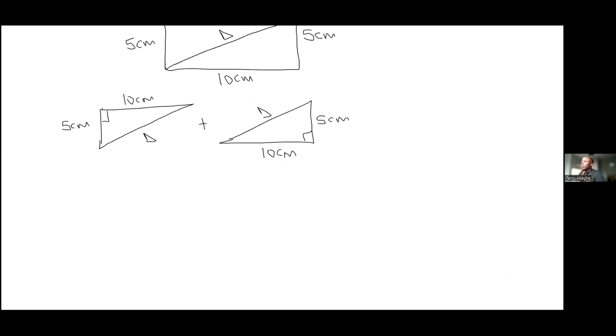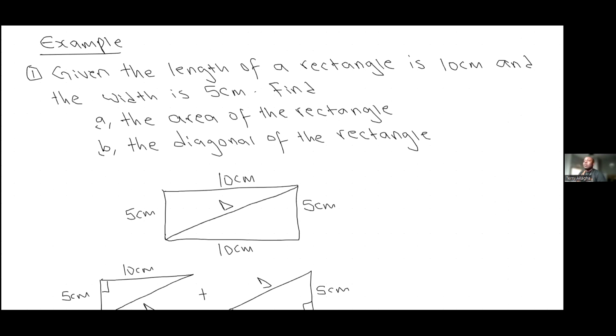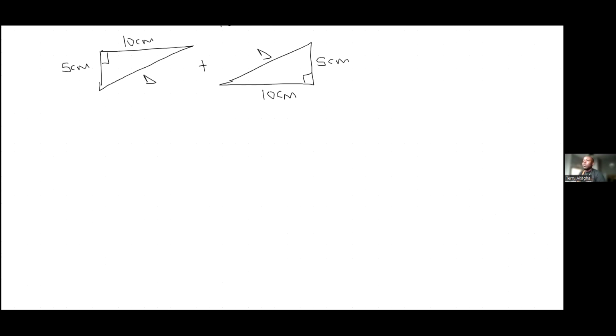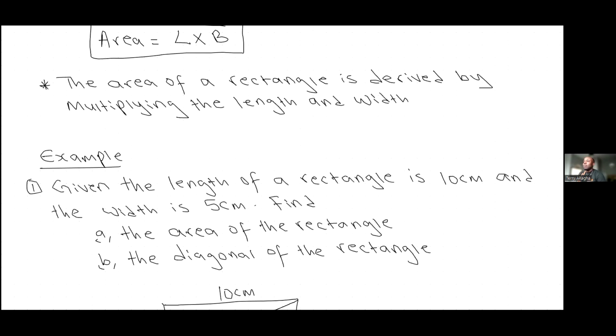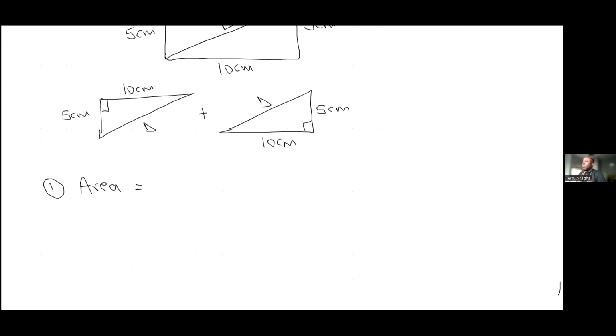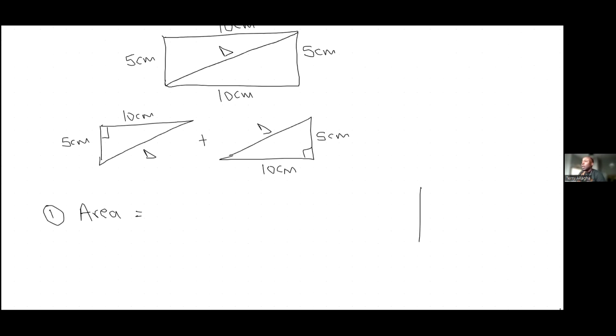So the first part is that we need to find the area. That is pretty straightforward. The area of a rectangle is equal to length times breadth. In this example, the length is equal to 10 and the breadth, or the width, is equal to 5.